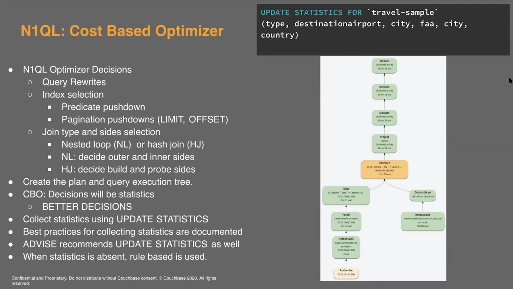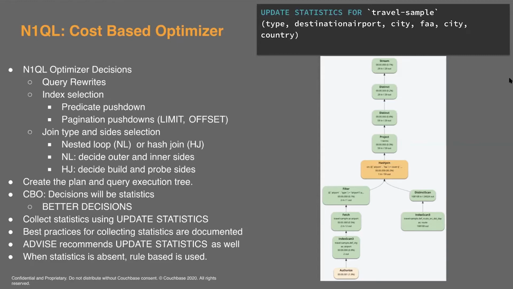For that, it not only has to select the right index, it has to decide which predicates are pushed down to the index scan level. Within the Couchbase Nickel optimizer, we also consider aggregates that can be pushed down, and also pagination constructs like limit and offset that can be pushed down to the index scan as well.